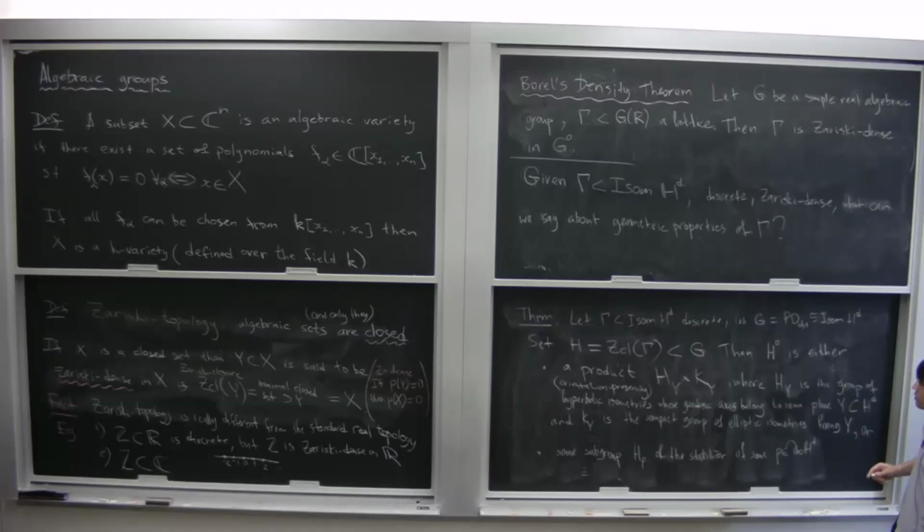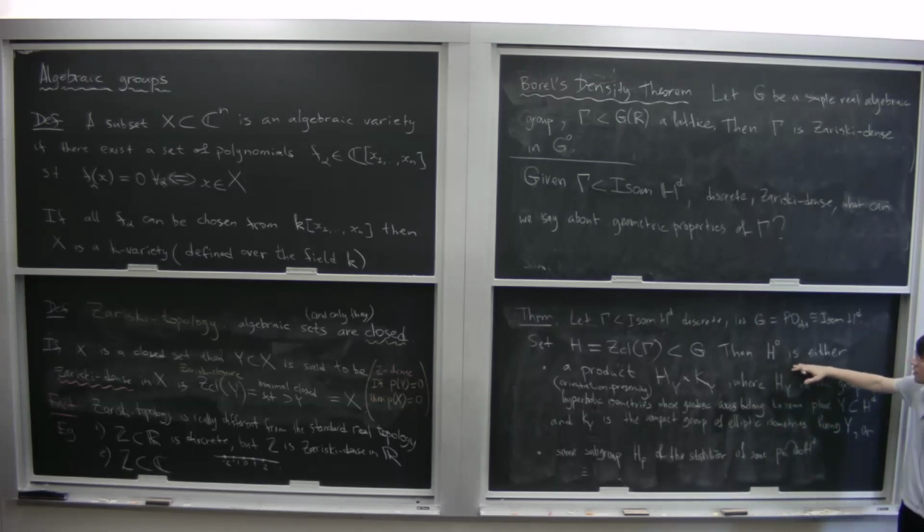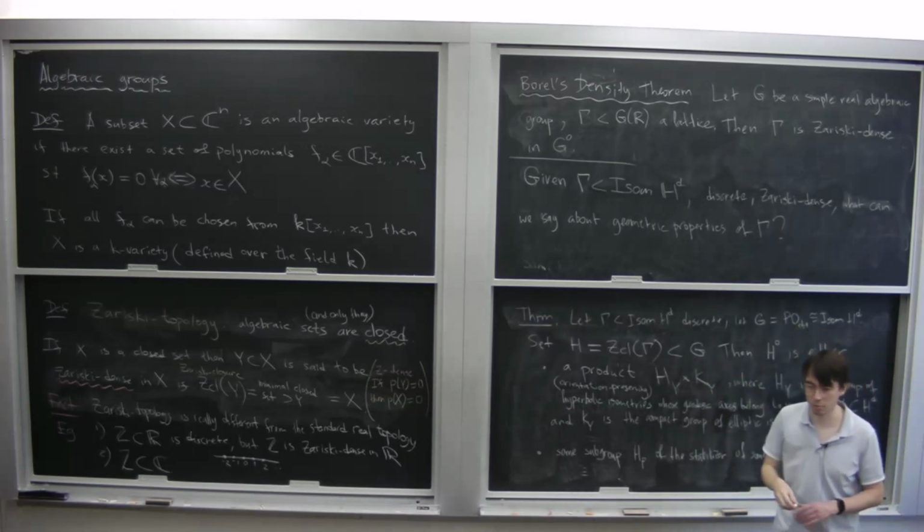So the connected component, we have kind of an algebraic classification of connected algebraic subgroups of G, right?